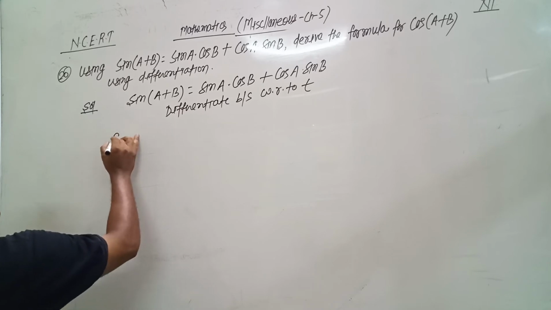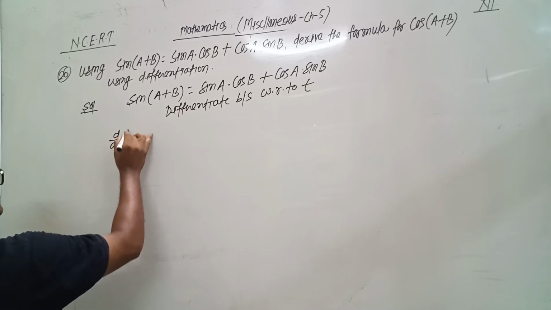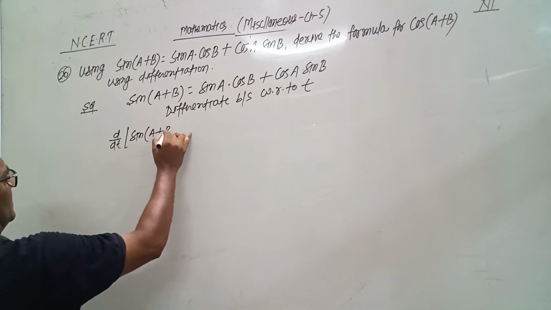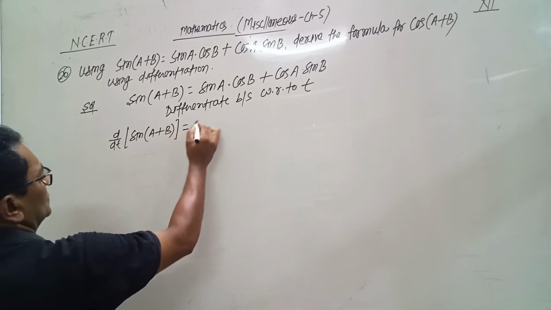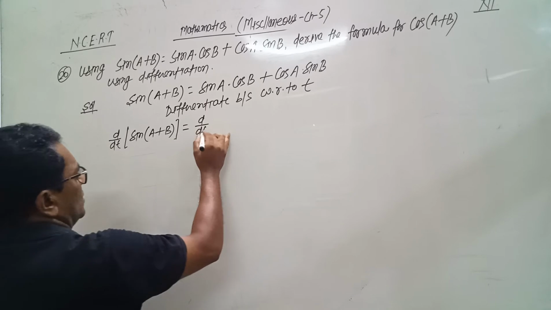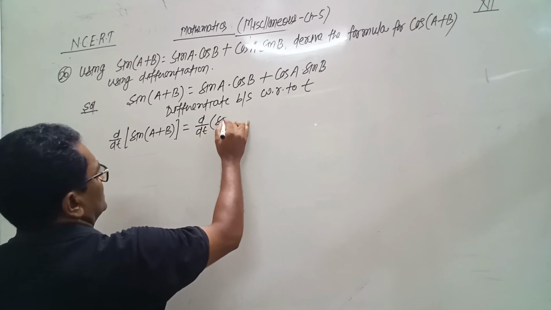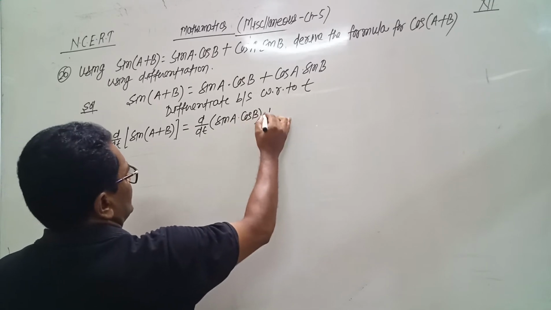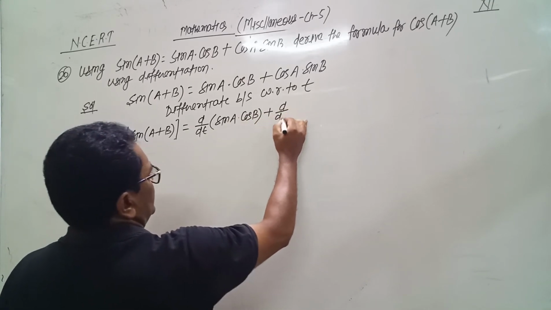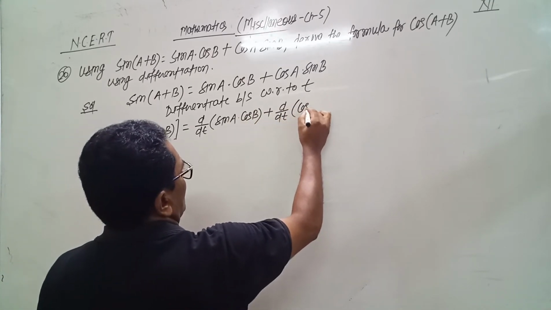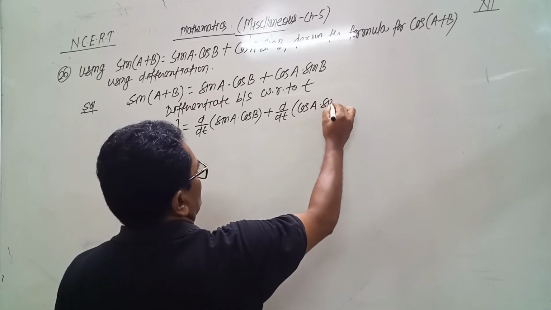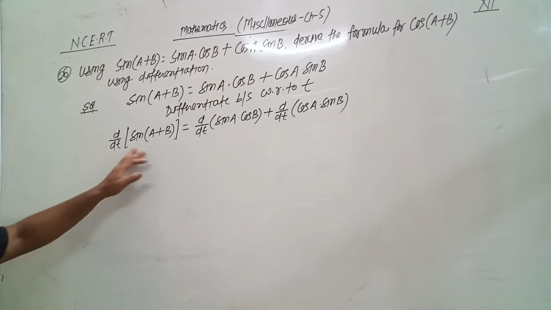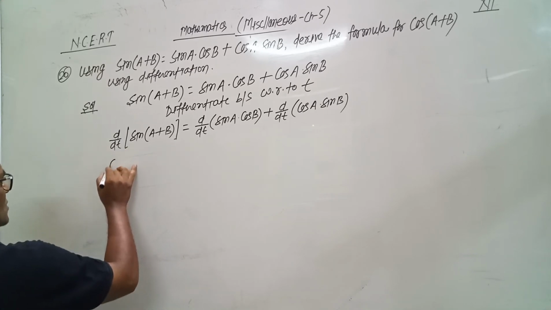So d/dt of sin(A+B) equals d/dt of sin A cos B plus d/dt of cos A sin B. Now the differentiation of sin theta is cos theta.